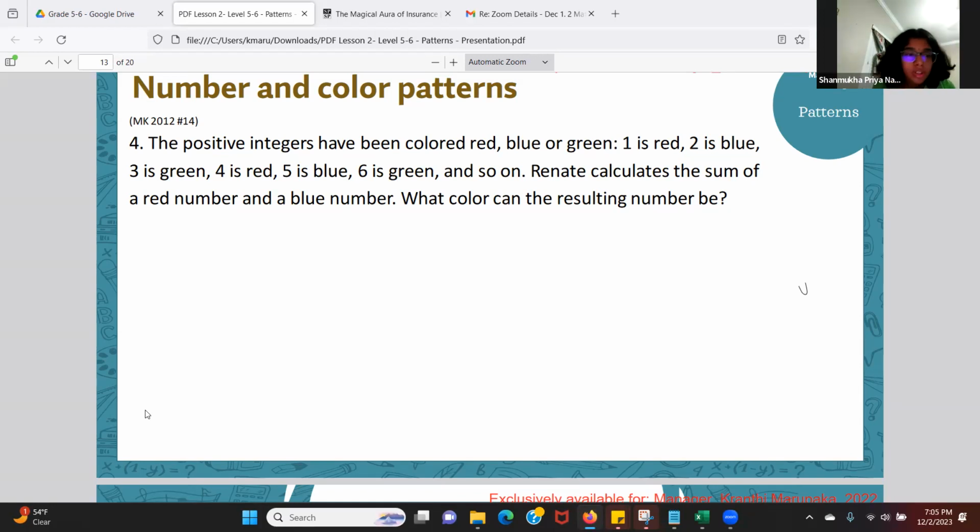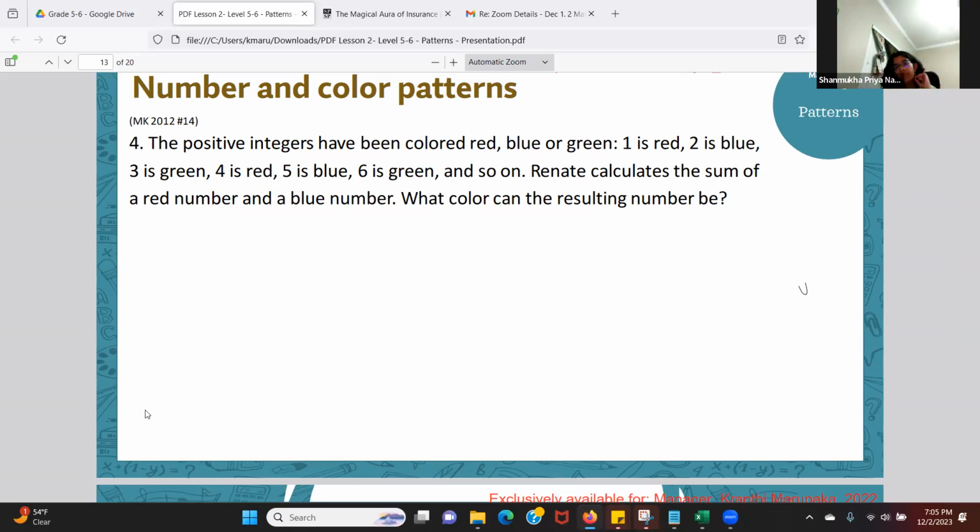So the positive integers have been colored red, blue, or green. One is red. Green calculates the sum of a blue number and a red number, what color can it be?